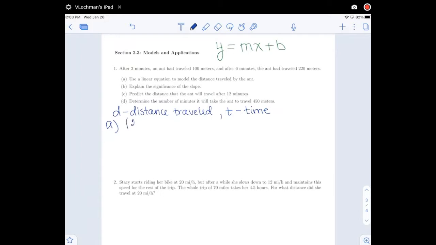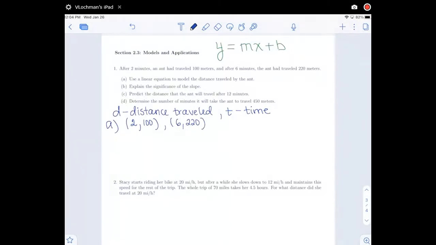Our ordered pairs here are (2, 100) as my first point. My second point is (6, 220). So I have 2 points that are not explicitly given to me as an ordered pair. So that's my job to just put it in this familiar form. From here, we can find the slope.